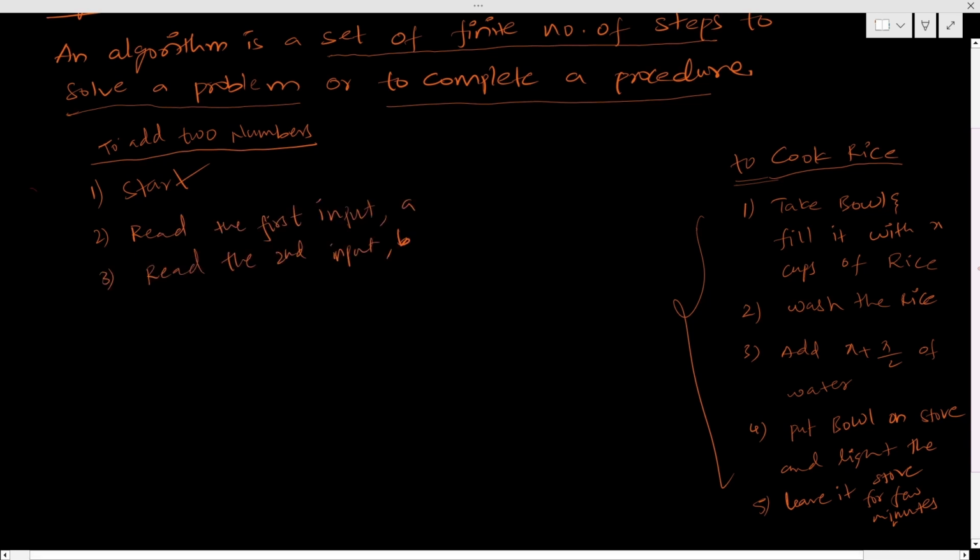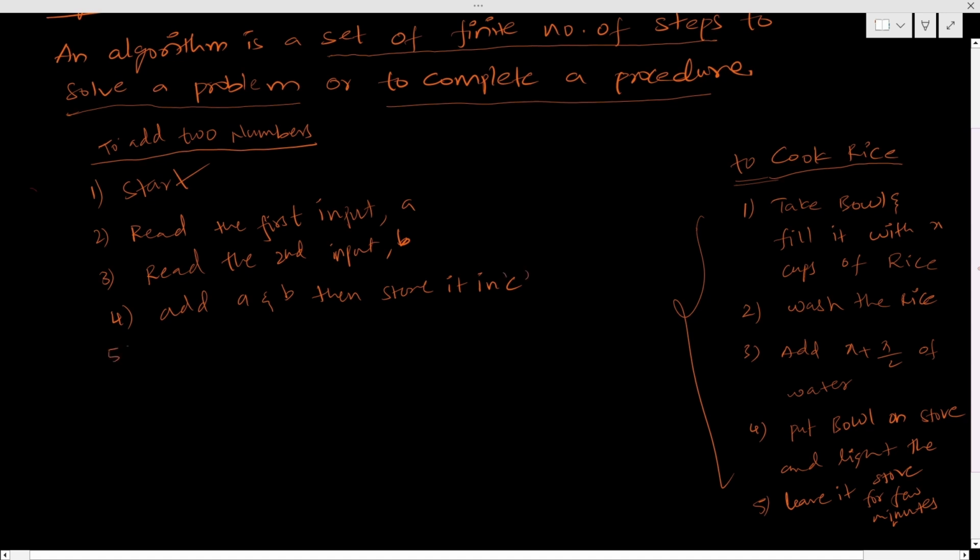The third step, read the second input as b. The fourth step, calculate or add a and b, then store it in c.